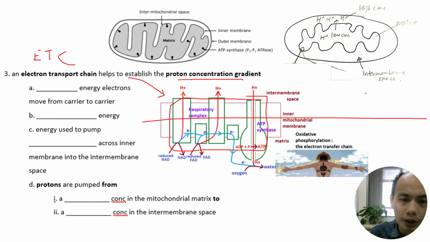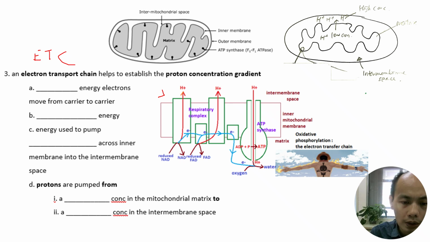When you look at this word, proton concentration gradient, hydrogen ions moving from high concentration to low concentration. Okay, so by looking at this picture, I use red color. So moving from A to B or B to A is from high to low. Okay, I repeat again.